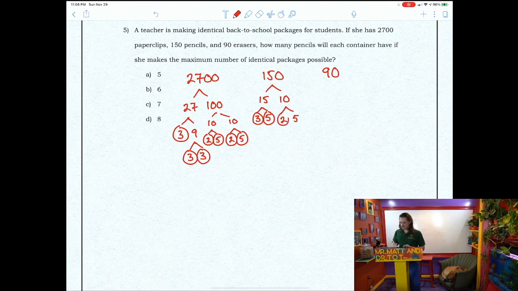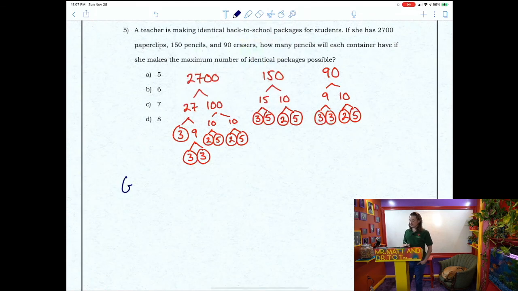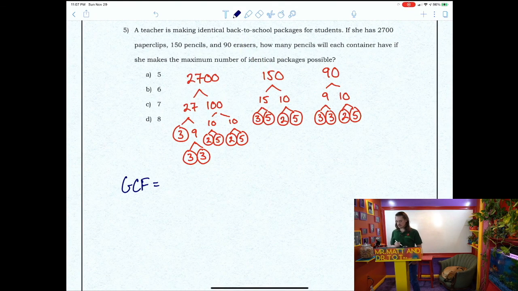So calculating the GCF here, we're going to take each factor the least number of times it occurs in any one factorization. Starting with 2: 2 occurs 2 times in 2,700, 1 time in 150, and 1 time in 90. So we're going to take 1 2. Looking at the factor 3: 3 occurs 3 times in 2,700, 1 time in 150, 2 times in 90, so we're going to take 1 3.